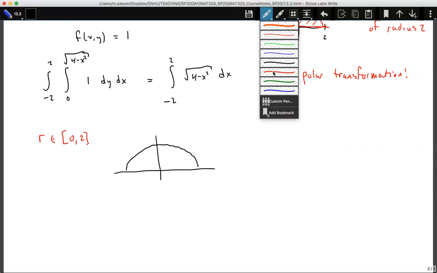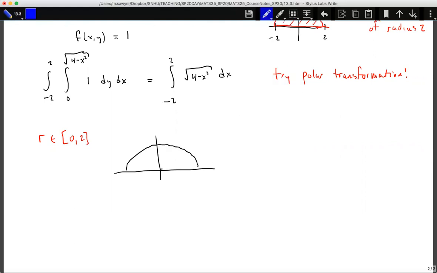Our rectangles now are radius lines. So we start at radius equals 0 and we go out to r equals 2. So we think about starting at the origin and emanating a ray out to the value where r equals 2. And then our theta goes up from 0 and it sweeps around the circle until we get to pi.